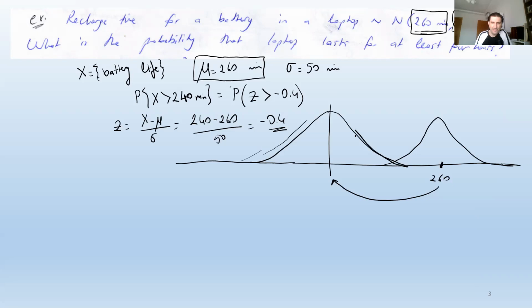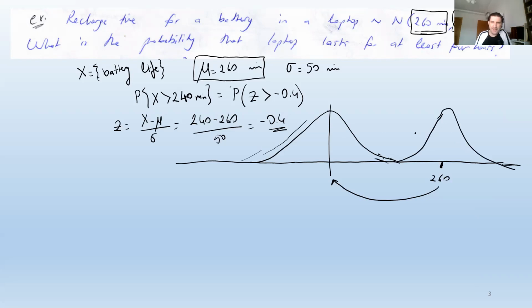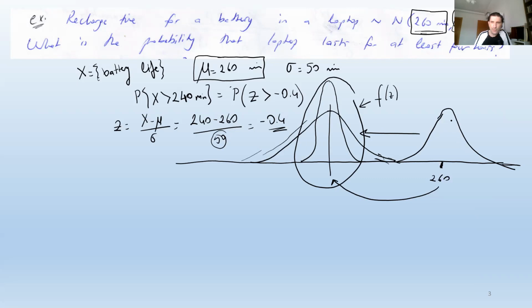Probably they are not going to intersect that much due to the variance values, because it's not that much high. Anyway, without changing the spread, you just move it here. Then you divide by 50, which actually just makes this narrower. And this resulting distribution is going to be the distribution of z, while this one was the distribution of x.